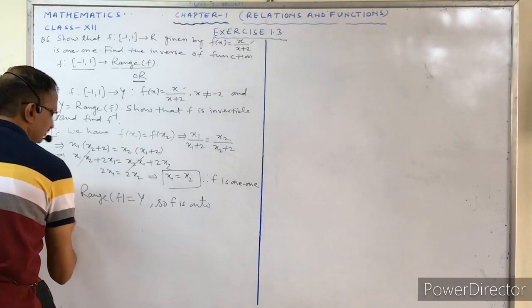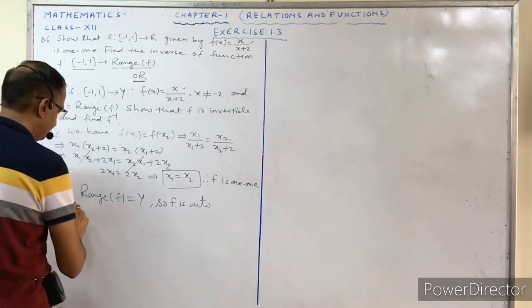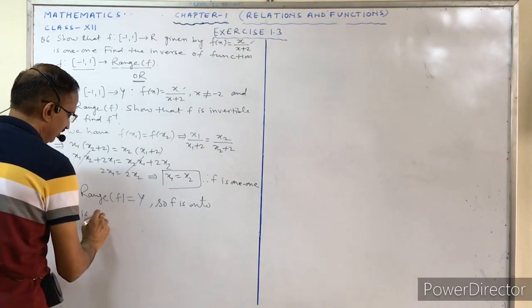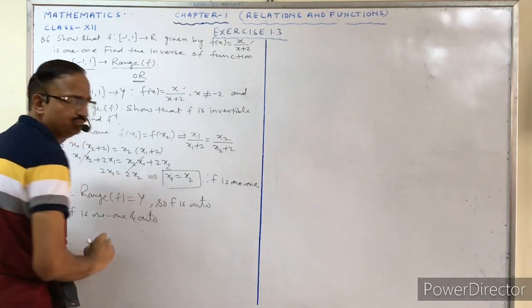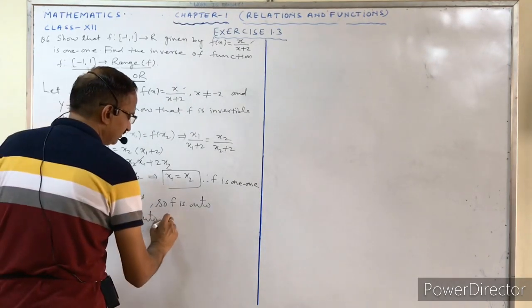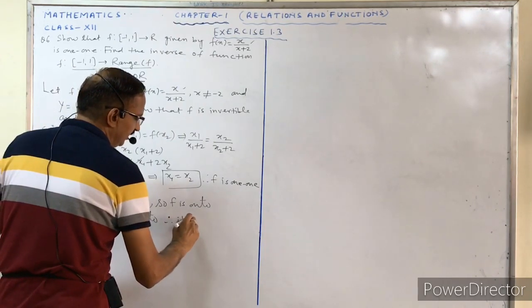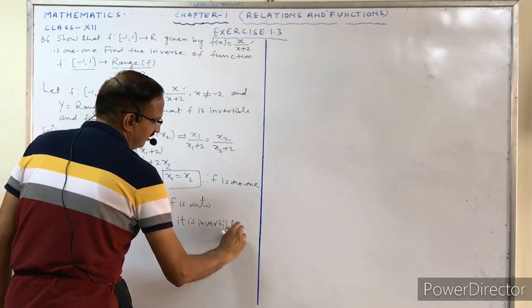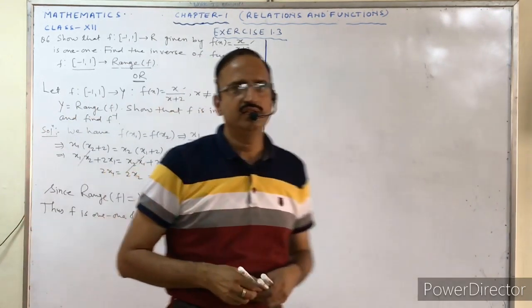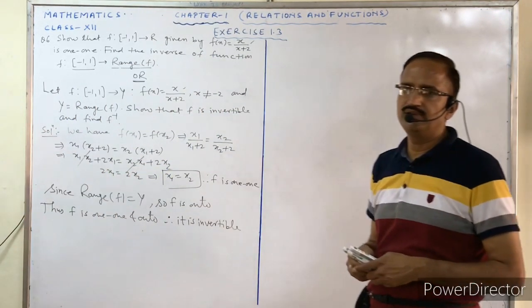Thus f is one-one and onto, therefore it is invertible. When a function is invertible, then only is the inverse possible.